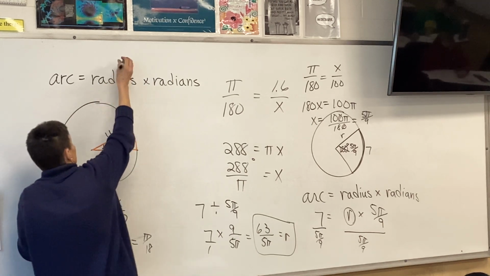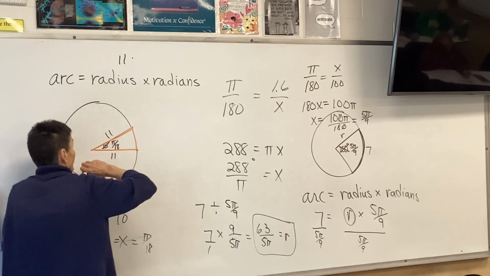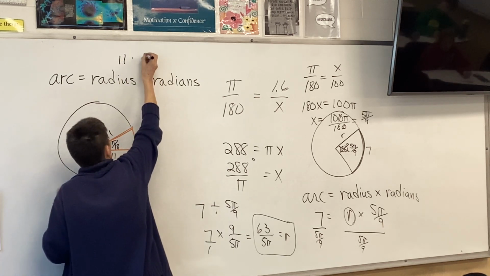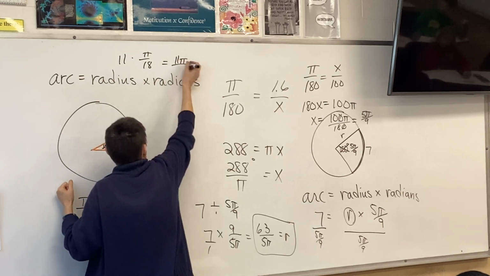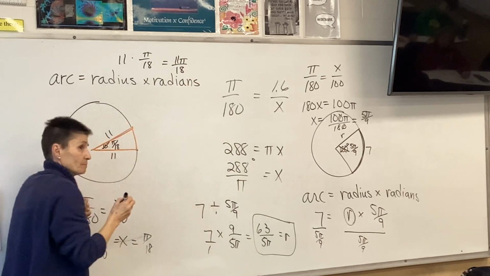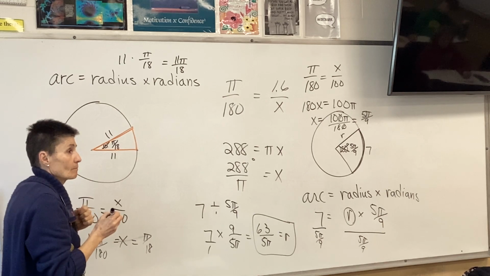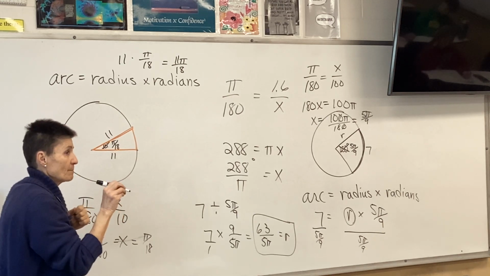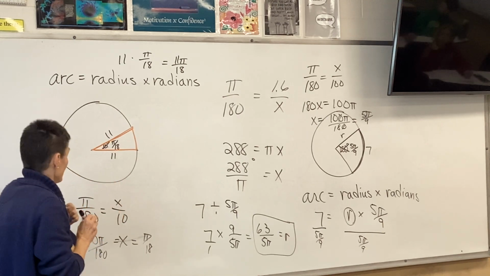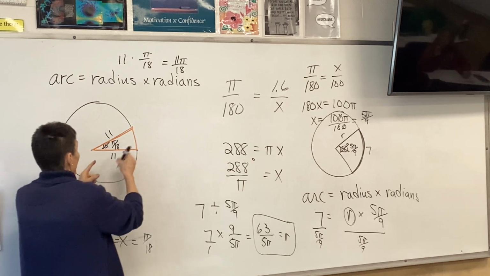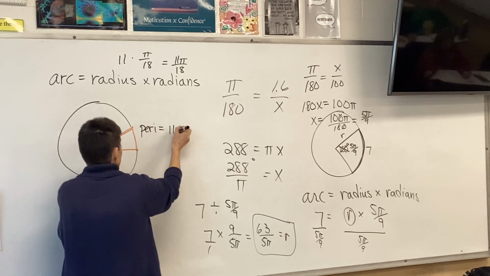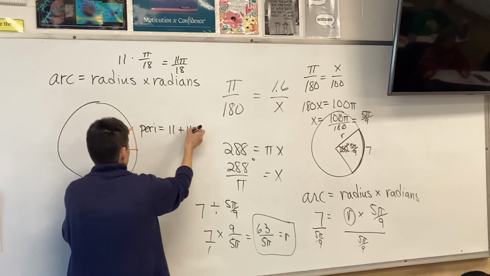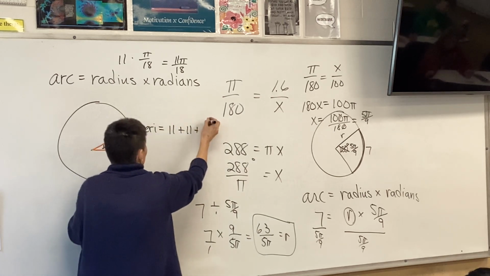So radius is 11. Radians is pi over 18. Did you get 11 pi over 18 for your arc length? Radius times radians? Yeah. So you want perimeter now. So the perimeter is a radius and another radius and an arc length.